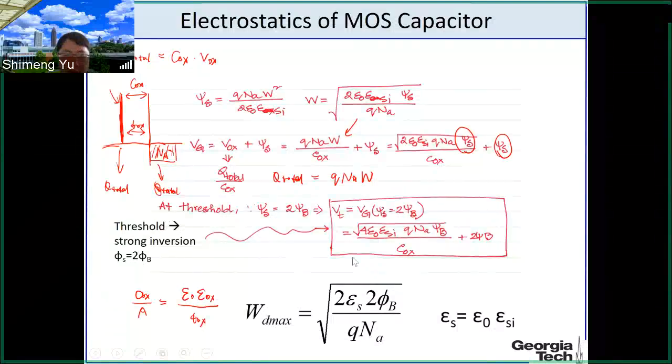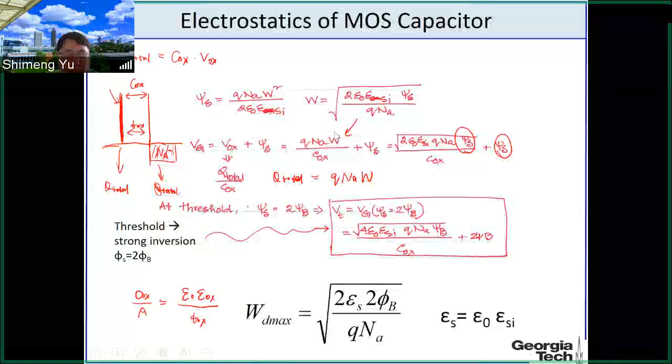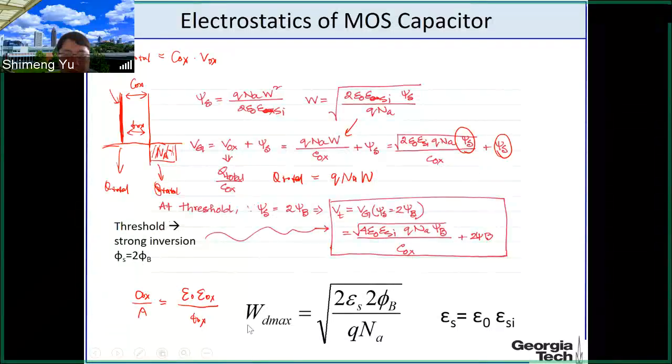And also, we want to say that at the threshold voltage, the depletion width will reach the maximum. So the depletion width will become this one. Basically, we plug in the phi s to be 2 phi b, and the maximum depletion width will be this one.